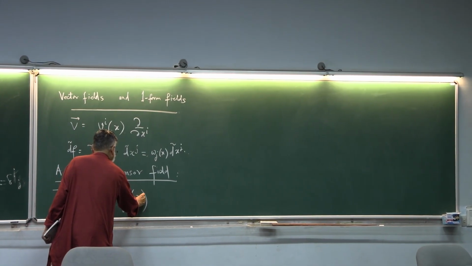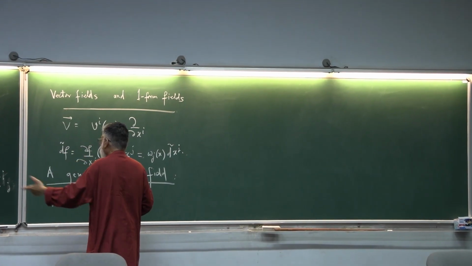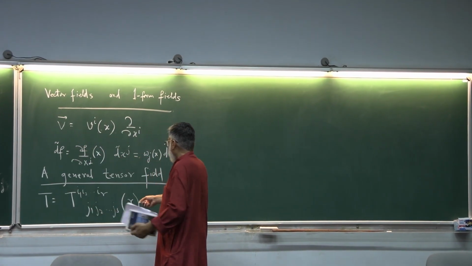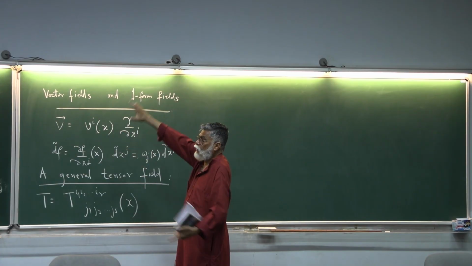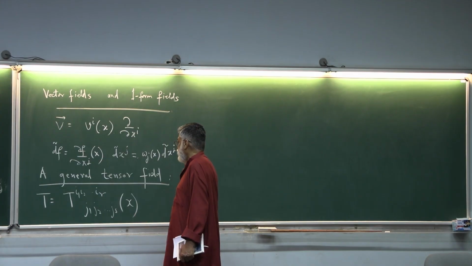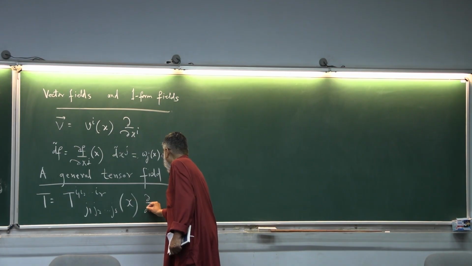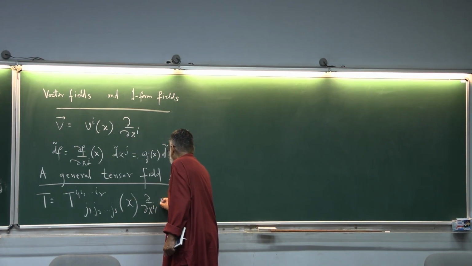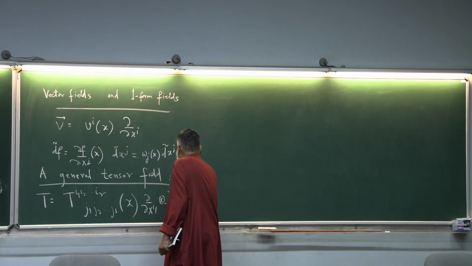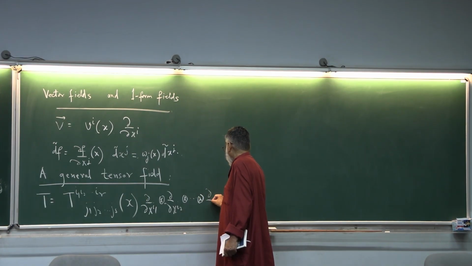this is also a field, so it will depend upon all points on the manifold, or equivalently in Rn, it will depend upon the coordinates. And the way I have written, you can easily see that this is ∂/∂x^i1 tensor product ∂/∂x^i2 tensor product, and so on, up to ∂/∂x^iR.